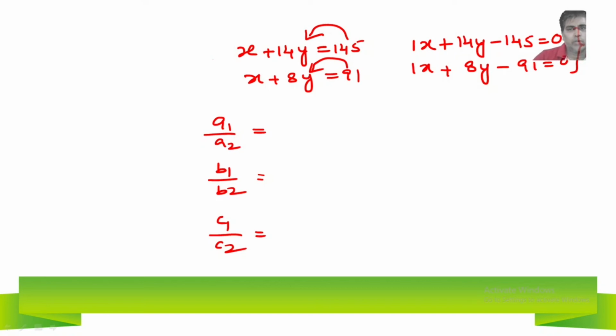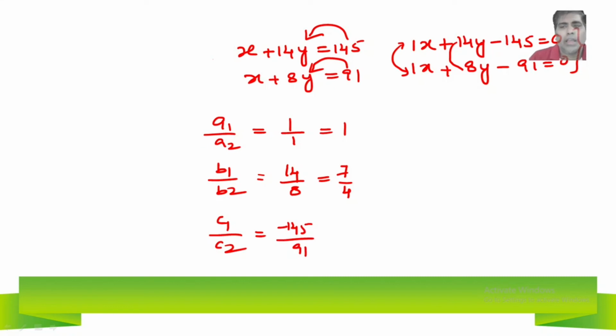Here, the first one is a1 and the second one is a2. So a1 by a2 is 1 by 1, which is 1. What about b1 by b2? It is 14 by 8, which is nothing but 7 by 4. c1 by c2 is minus 145 by minus 91.